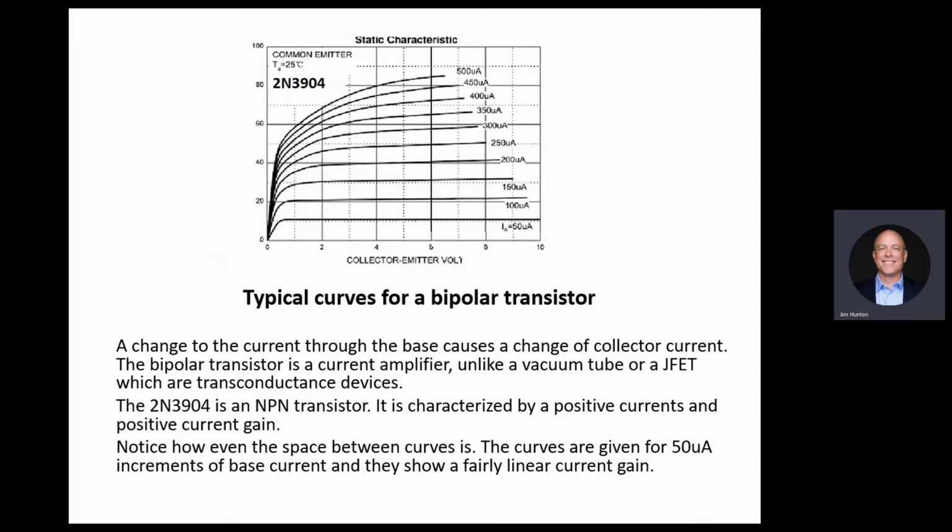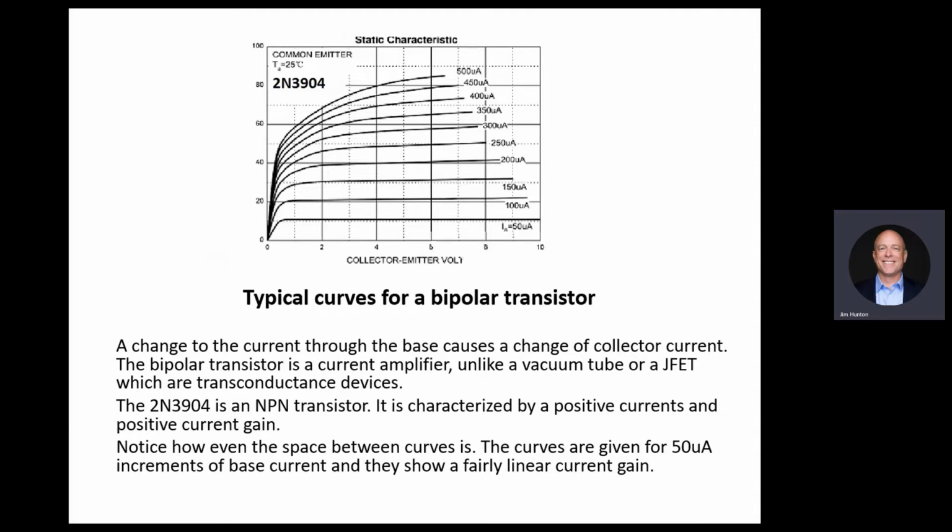So if I pick somewhere in this area to bias the device, it's pretty linear. However, because it is using input current, you have more issues.